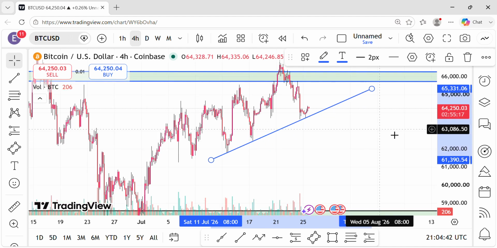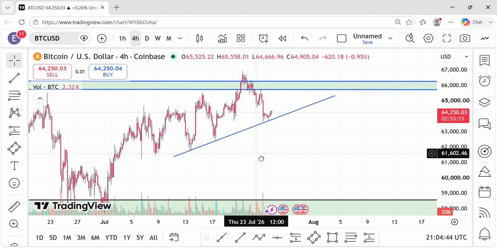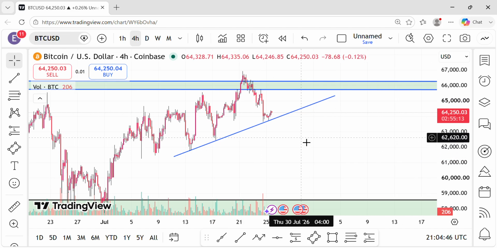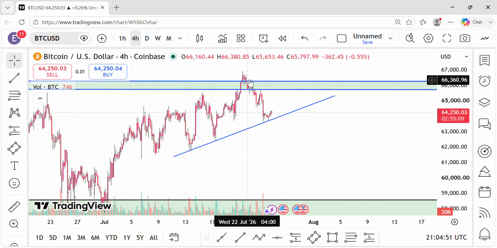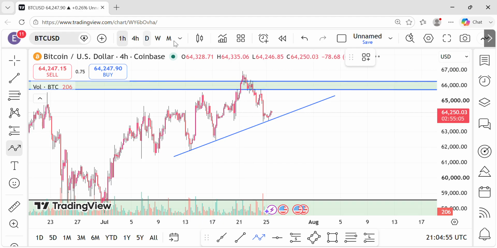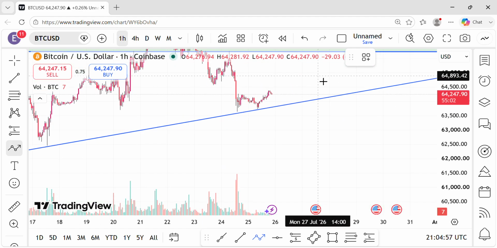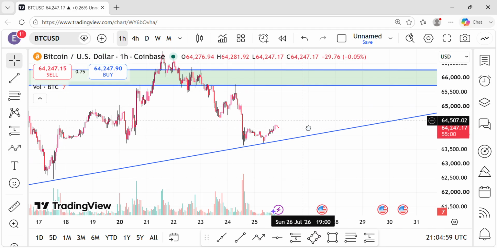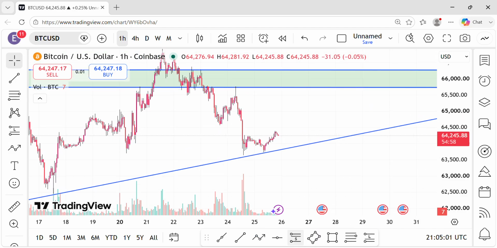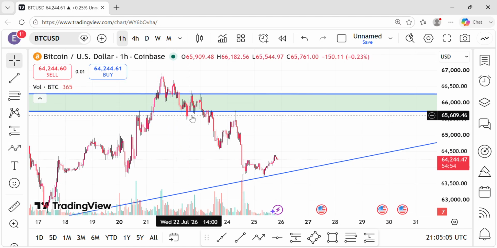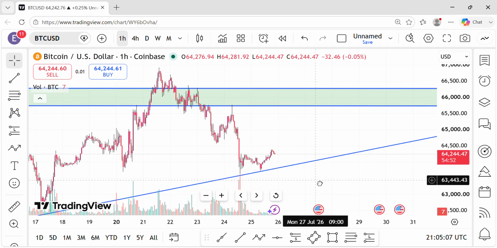So if we would enter a trade, we need to wait for this price action to do its magic. Okay, now when we visit the 1-hour, we can see that we are in a downtrend here.